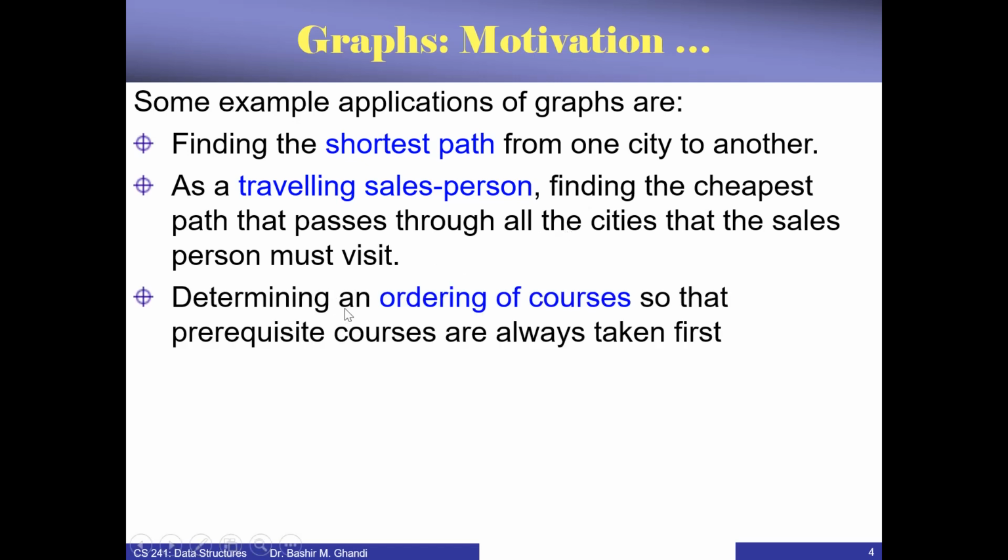Another example, maybe closer to you as students, is ordering of courses so that prerequisite courses are always taken first. So you have a degree plan where some courses must be taken before the others. They can be represented in form of graph. But the question is, is there an easy way to linearly arrange these courses, ensuring that no prerequisite is missed? Yani, you take all prerequisite courses before the courses that need those prerequisites.